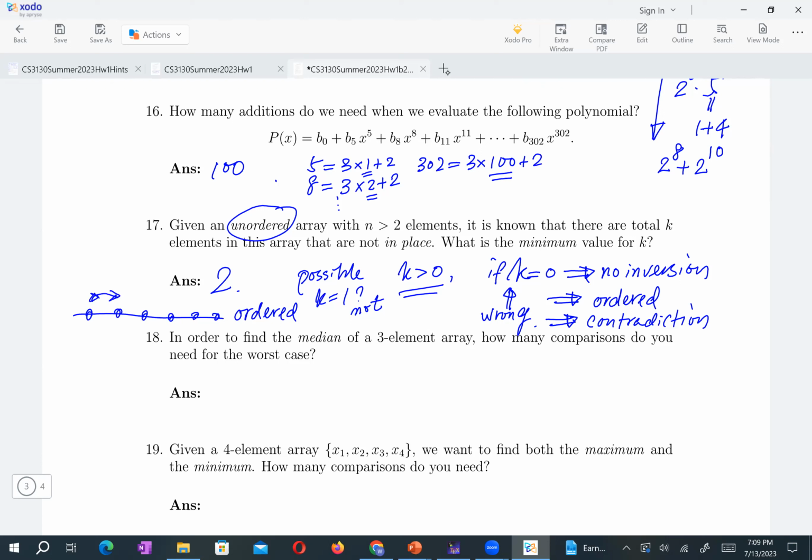Those 2 swapped are not in place. In that case, K equals 2. In that way, you complete the whole procedure of the solution. The last step, make sure your answer is achievable. You need to find an example. Otherwise, 2 may not be achievable, and you need to consider 3, and so on.